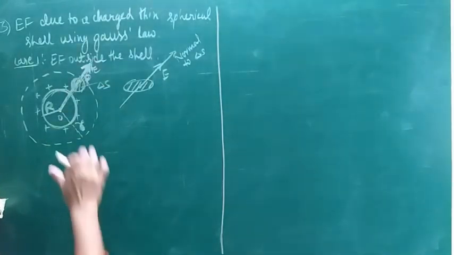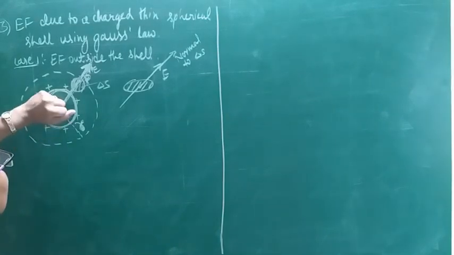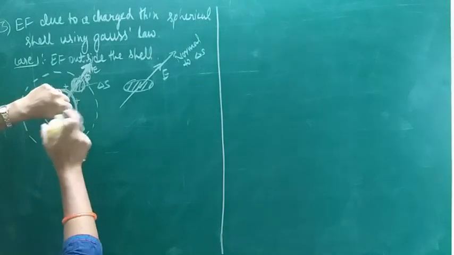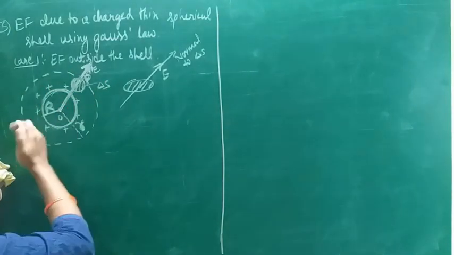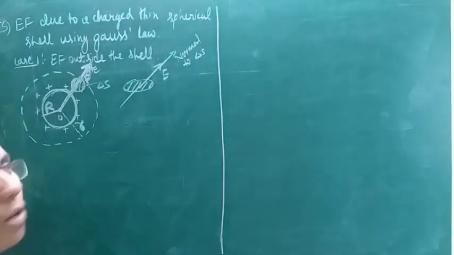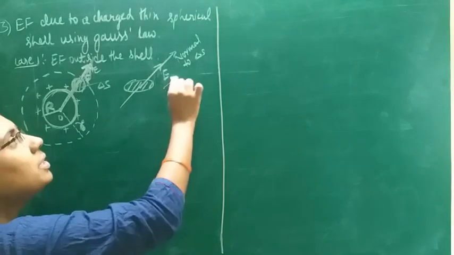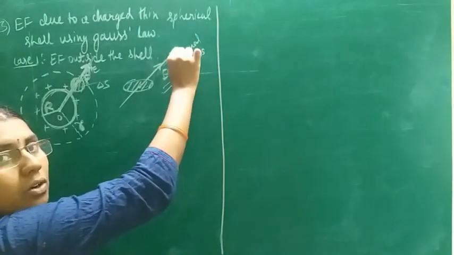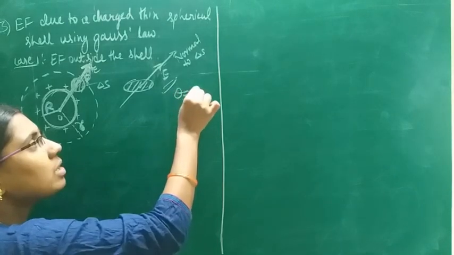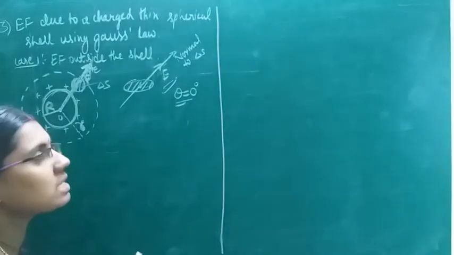And the electric field due to a spherical charged shell, if we treat the sphere as a point charge, the electric field lines are acting radially outward. So therefore due to the sphere the electric field is also acting radially outward, that is in the same direction as that of the normal. Since electric field and normal are acting in the same direction, the angle between them is 0 degree.